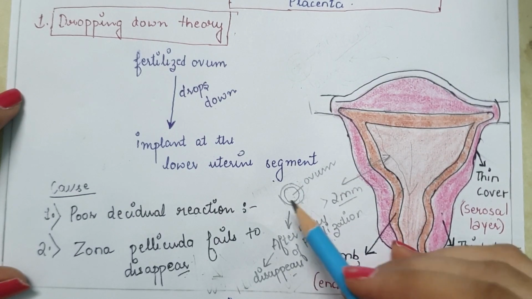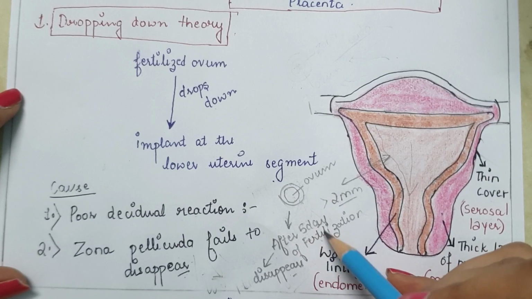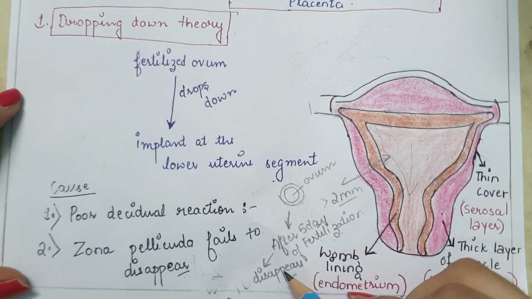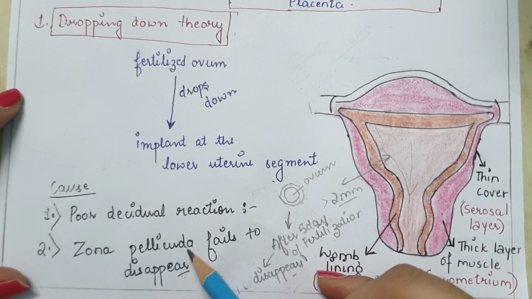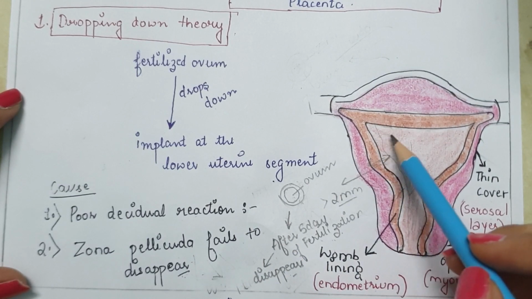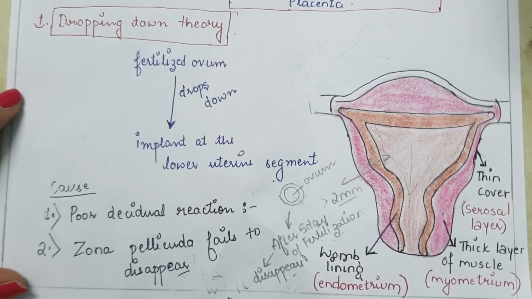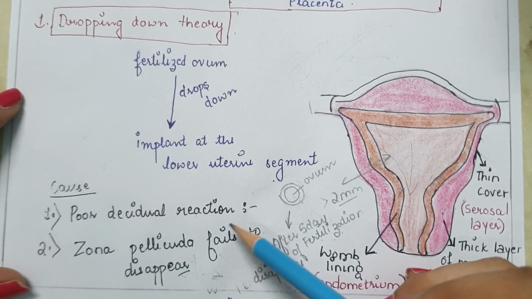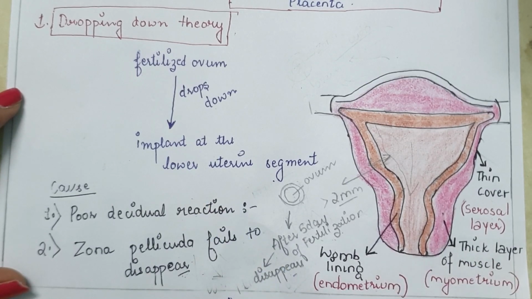This is a layer which disappears after 5 days of fertilization. But if it fails to disappear, then what happens? Then it prevents the implantation of the fertilized ovum inside the uterine cavity. So these two are considered to be the causes of dropping down of the fertilized ovum.